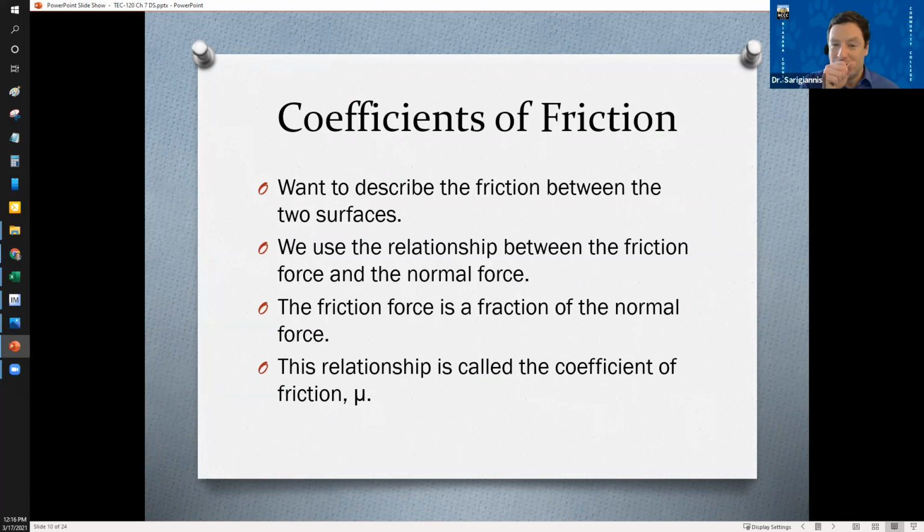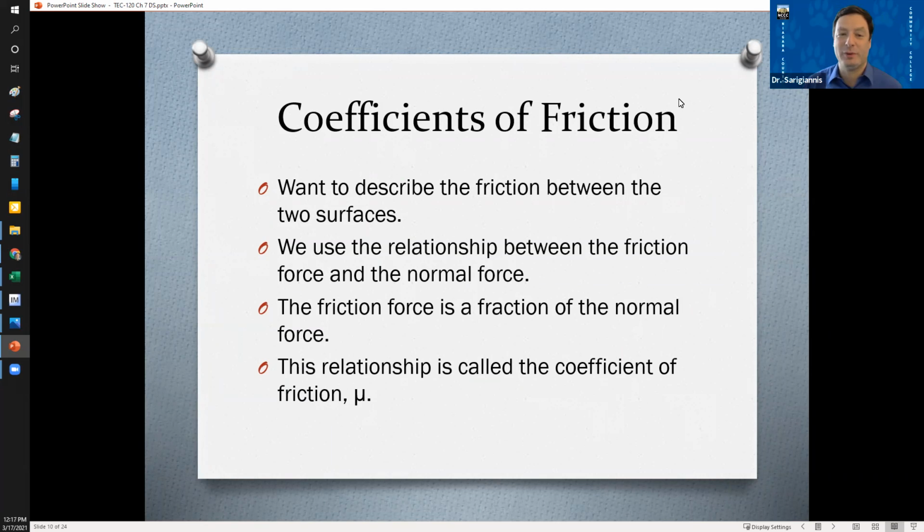All right. Coefficients of friction. So coefficients of friction take into account the fact that two surfaces have some relationship between them that describes the friction, right? And again, this depends on the two materials that are in contact.